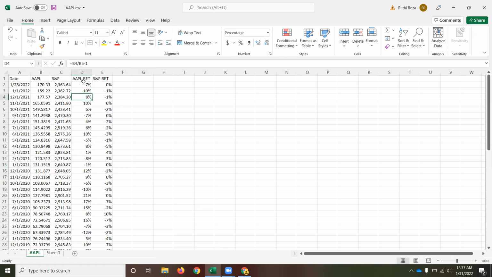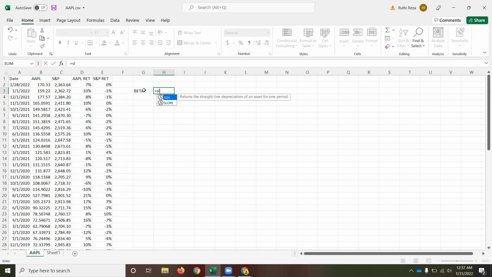Now let us calculate beta. And here we are going to calculate beta in 3 different ways. First, we are going to apply the slope formula to calculate beta. Slope and then Y values. So Y values is always your stock price return.